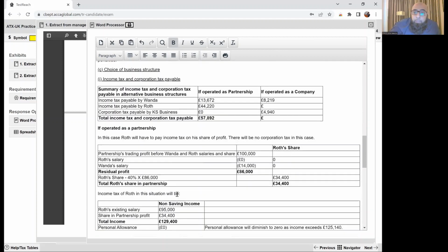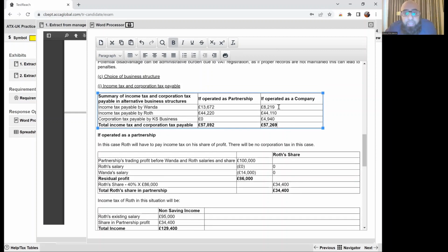I'll write it here. So the total tax in this situation will be 44,110 and 4,940. So it's 49,050. Let's go through it again.